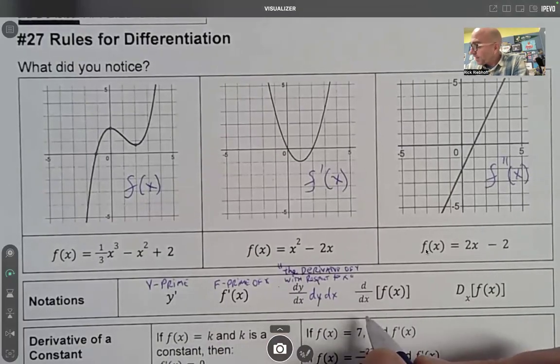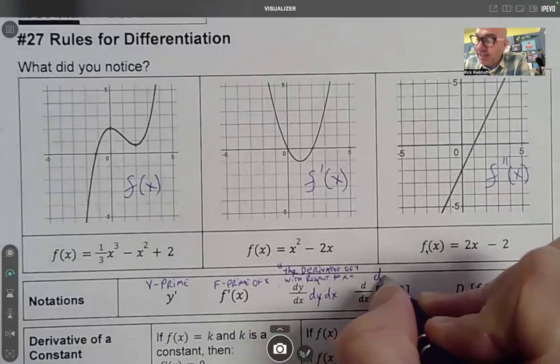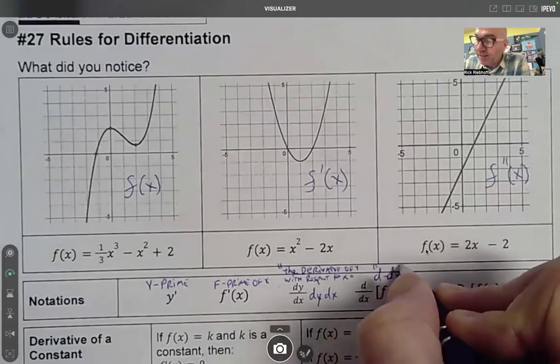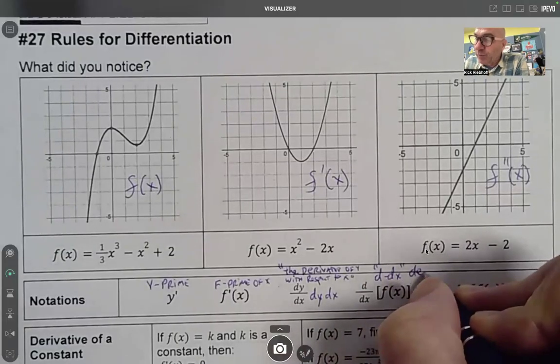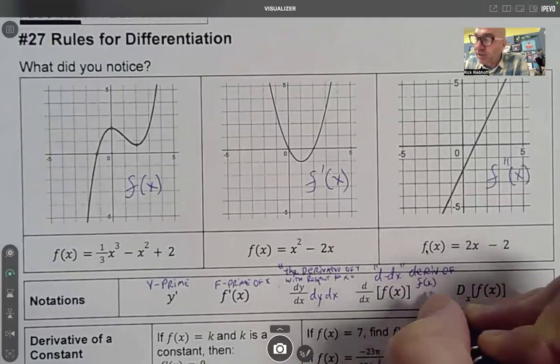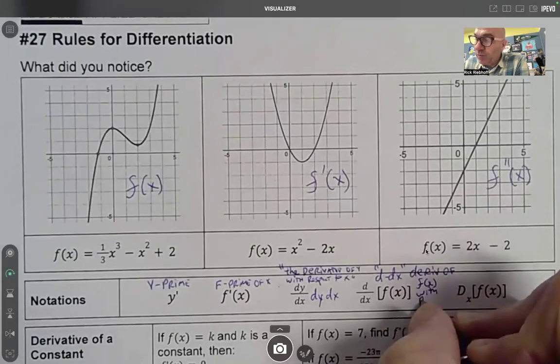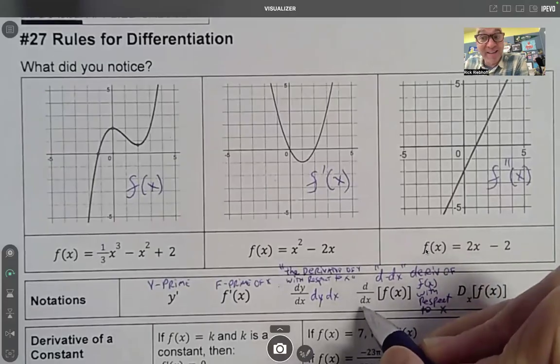This one we could say d dx. d dx is one way to say this, d dx of f of x. We can also say the derivative of f of x with respect to x.